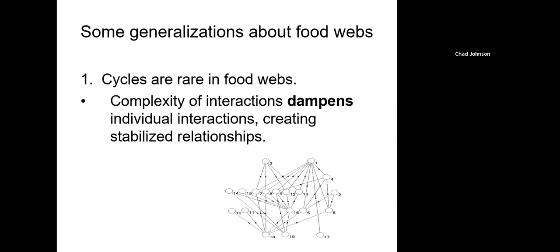So that's just a way of specifically saying, the instability of cycles kind of goes away when we look at the complexity of community food webs. It's another reason to leave communities alone.